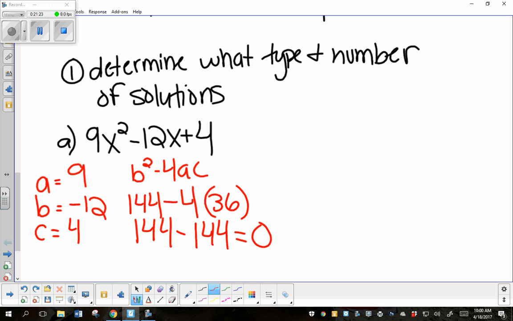All right, so then we can look back at our chart, or maybe we already know, if your discriminant is 0, so you've got the square root of 0, how many solutions do you have? One repeated rational solution. That's from our chart. So this means we're going to have one repeated rational solution.